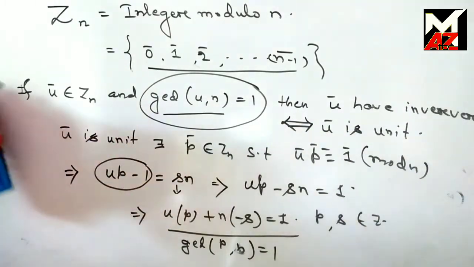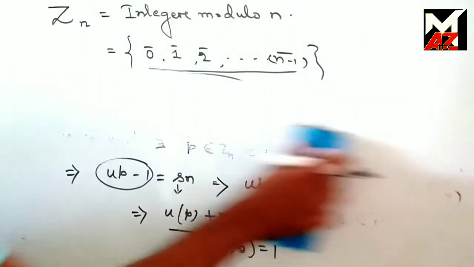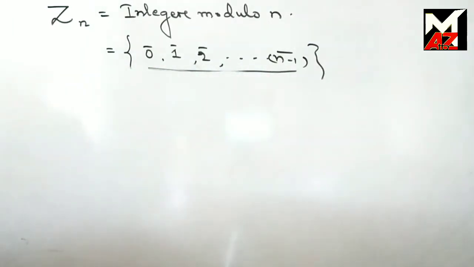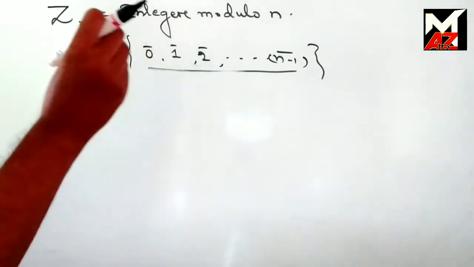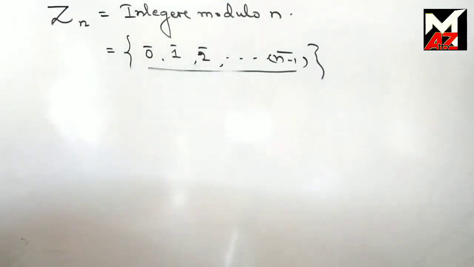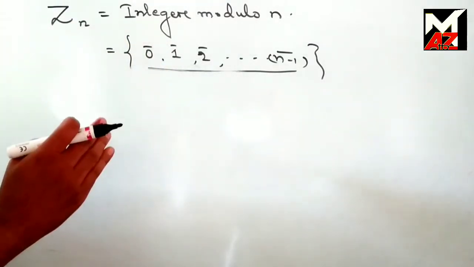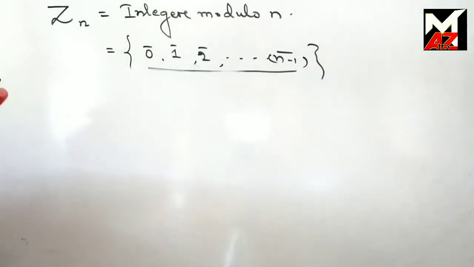Now, summarizing the result, we say that in Zn the elements which are less than n and prime to n are the only unit elements, or the only elements which are invertible, that is, for which an inverse exists.